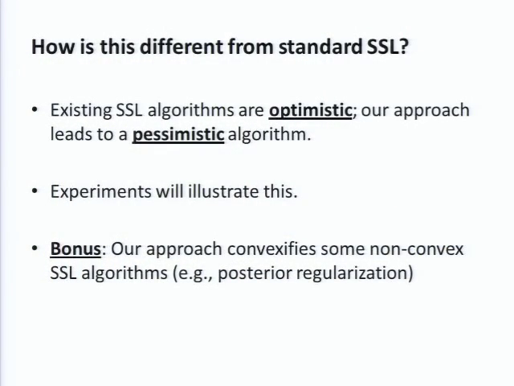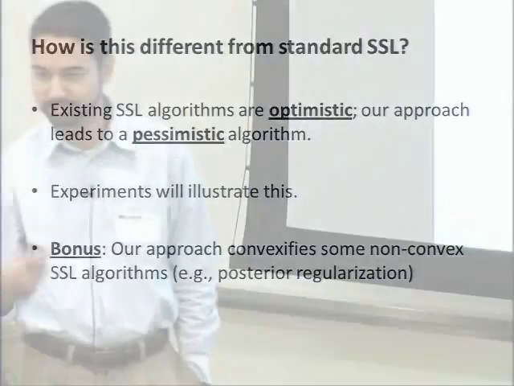So I've just explained how several existing approaches to semi-supervised learning can be put in our framework. So how is this any different from ordinary semi-supervised learning? All existing approaches, at least the ones we're familiar with, are optimistic in the sense that they find a predictor that has good performance on the best possible complete labeling of the partially labeled data set.